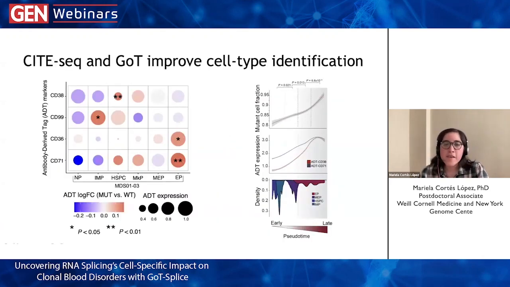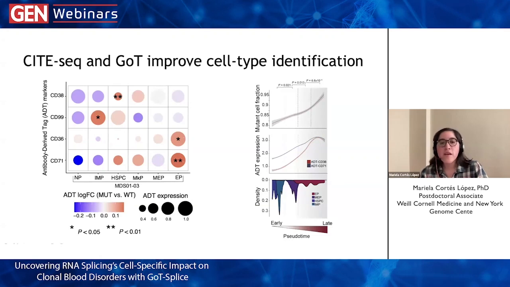With having the cell surface characterization of the sample, we also were able to assess the specific identity of the cells. And so we have the cells that were validated both by RNA, but also by the cell surface markers.